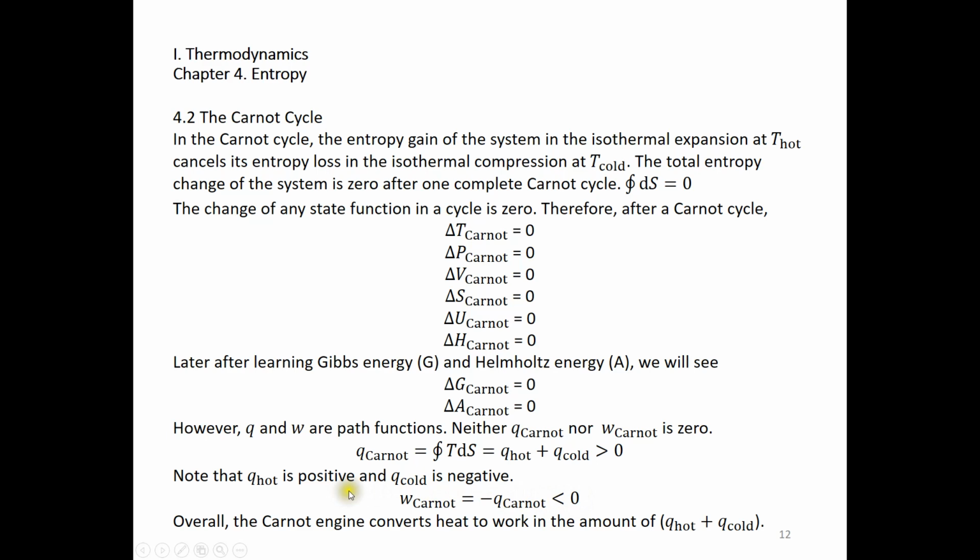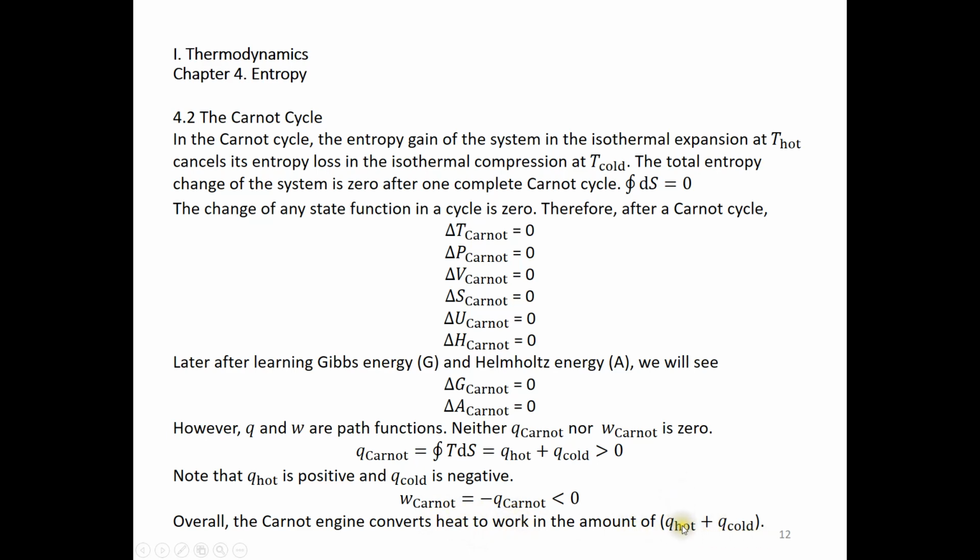That means this Carnot engine can do work to its surroundings, and overall this Carnot cycle absorbs heat and does work to the surroundings. The heat is converted to work, and the amount of the conversion is this.